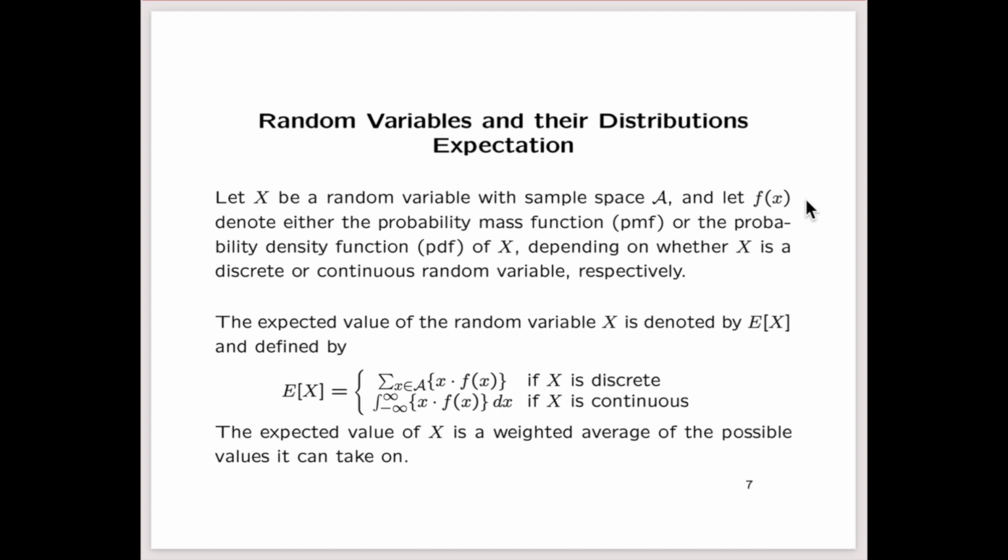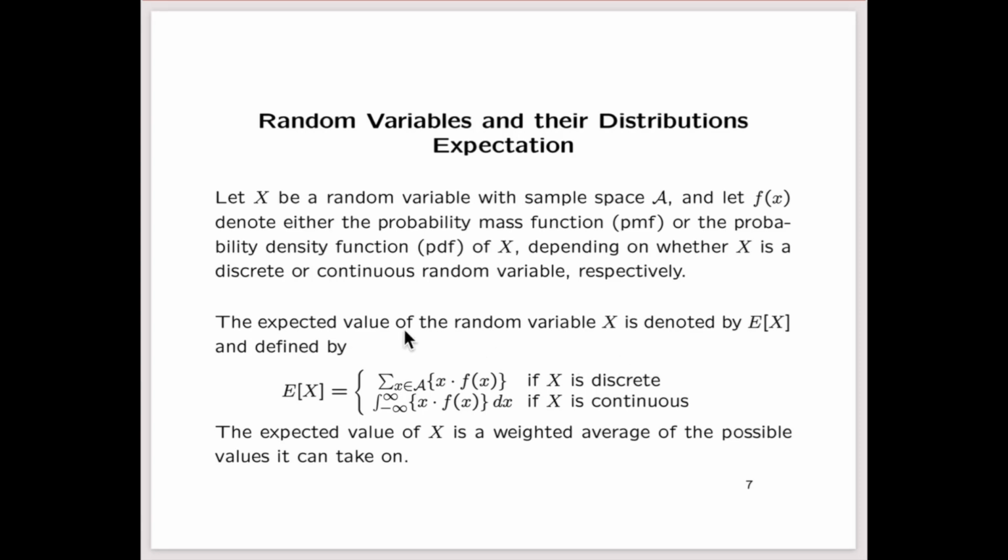Now, the expected value of the random variable X, which is denoted using this notation here, E of X, so this is read the expected value of X, is defined in the following way. It depends on whether we're dealing with a discrete random variable or a continuous random variable in how we would calculate it, but the underlying idea is exactly the same.